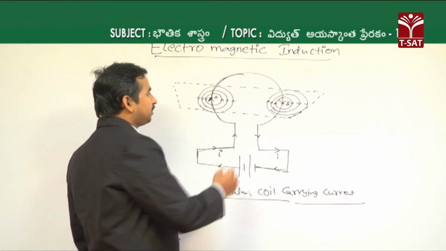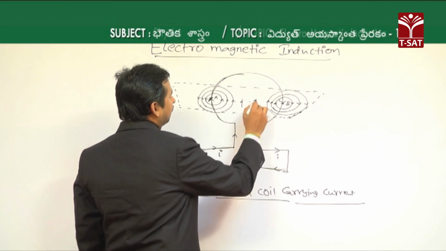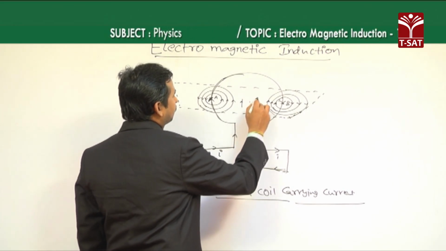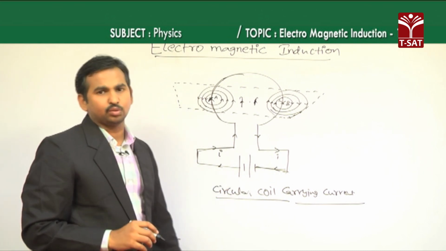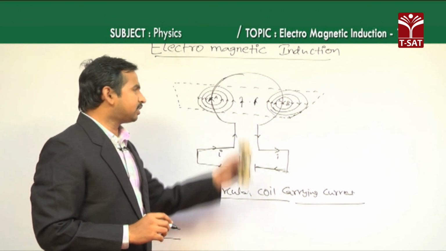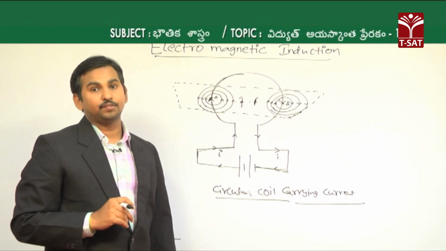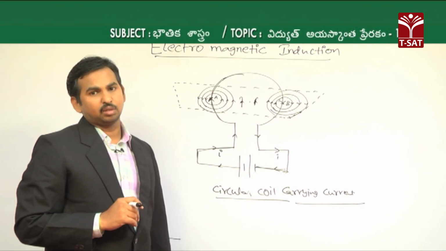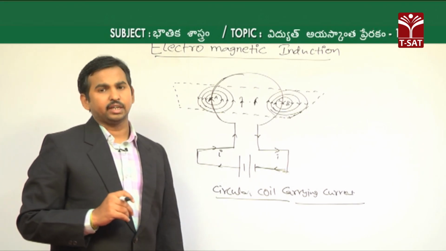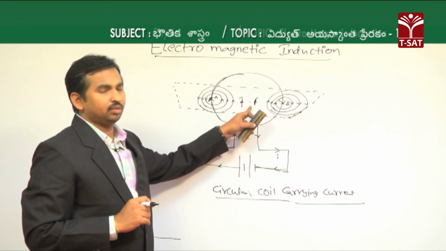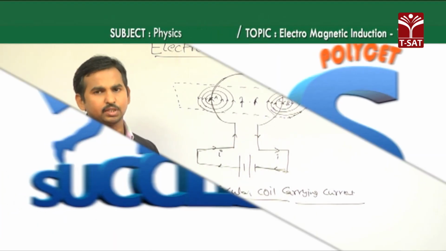At the point exactly in the middle, both fields are going upwards, so there is a repulsion between them and they do not attract each other. At this point, which we call the null point, the magnetic field is zero.